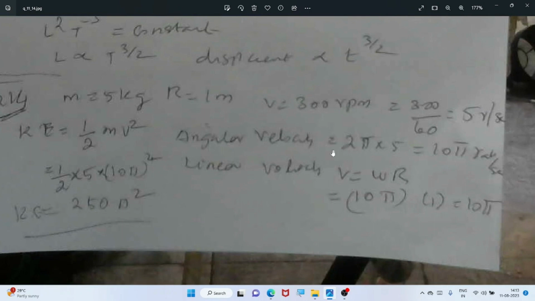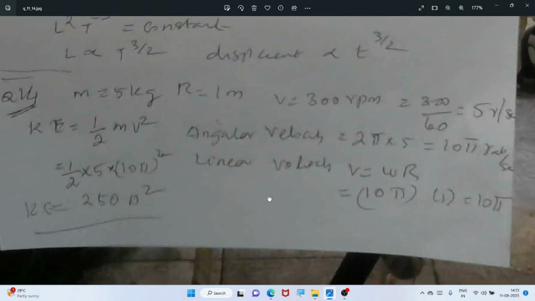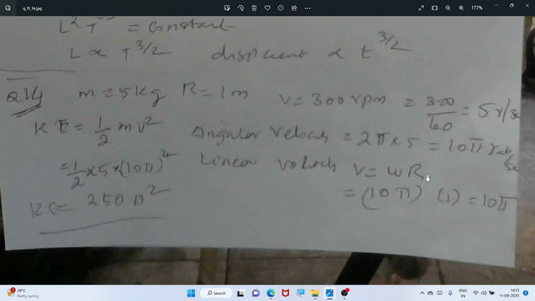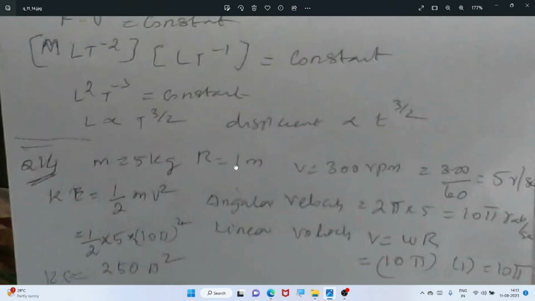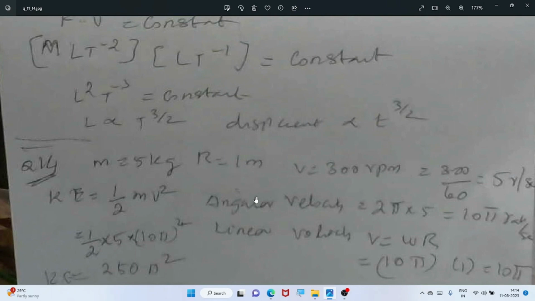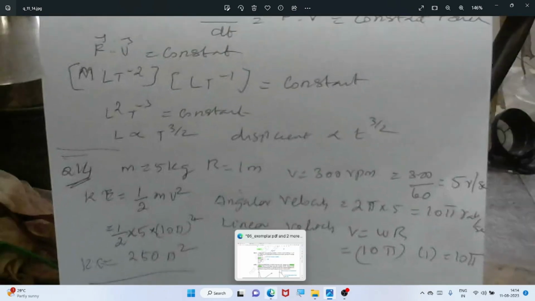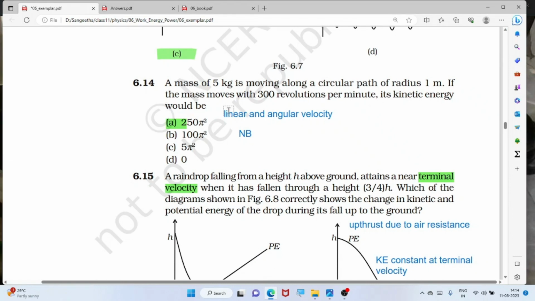The angular velocity is equal to 2 pi into frequency, that is 10 pi radians per second. The linear velocity is equal to angular velocity into radius. Kinetic energy is equal to half m v square, with the linear velocity. So this one, 14.